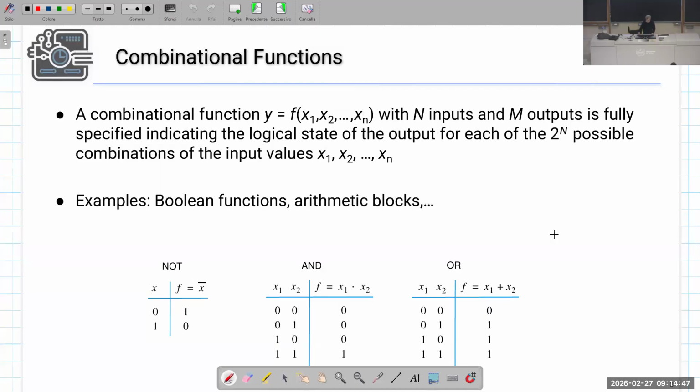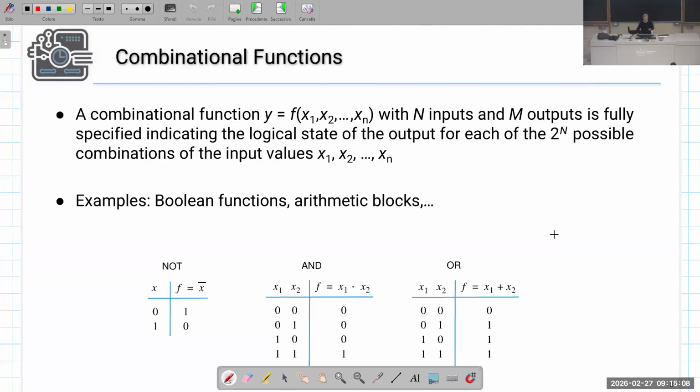So, a combinational function: how can we specify it? We have already defined a combinational function. How can we express and specify the behavior of a combinational function compared to another?